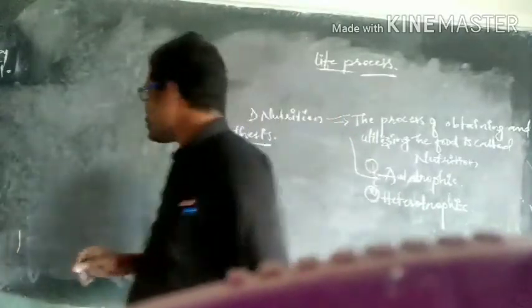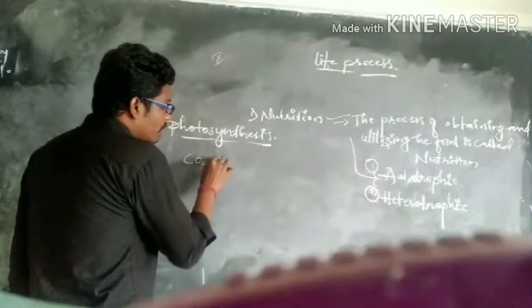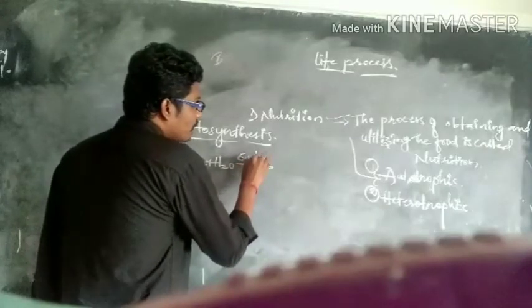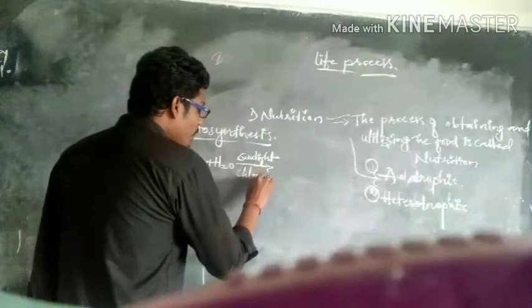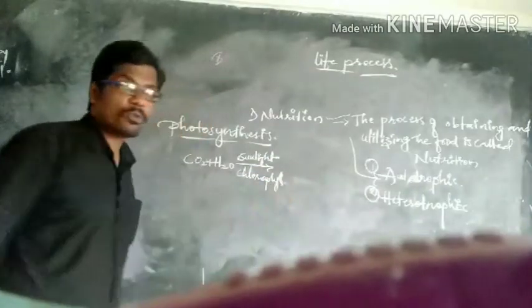So write the chemical equation like this: CO2 plus H2O in the presence of sunlight and chlorophyll. Why am I using chlorophyll also? Because the sunlight is trapped in the chlorophyll.